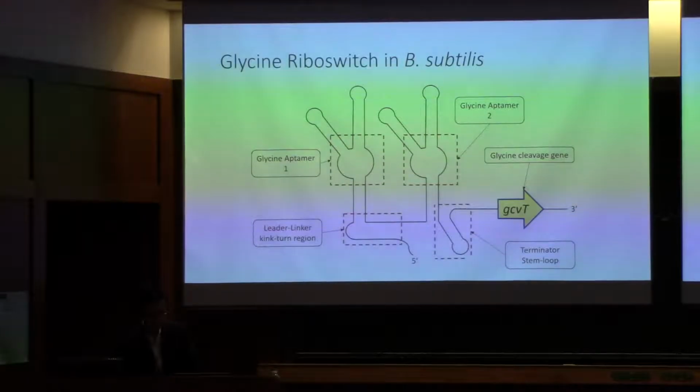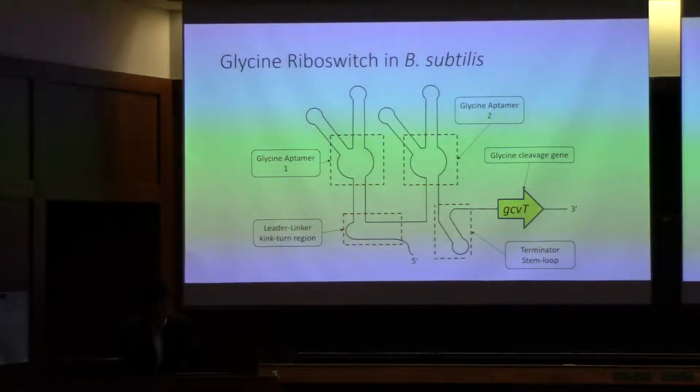Another key feature is that this riboswitch controls a glycine cleavage gene that is very important for glycine detoxification and transportation. Another notable feature is the leader-linker kink-turn region.